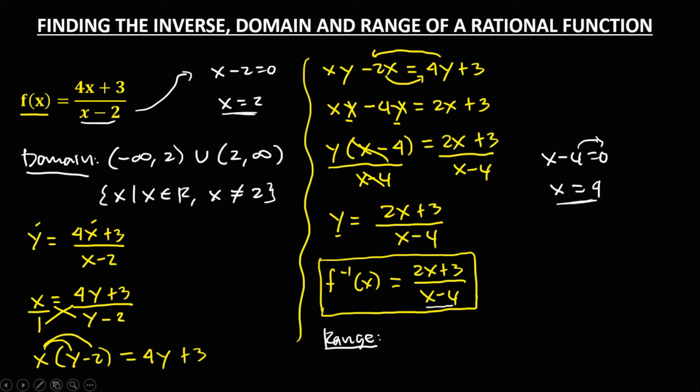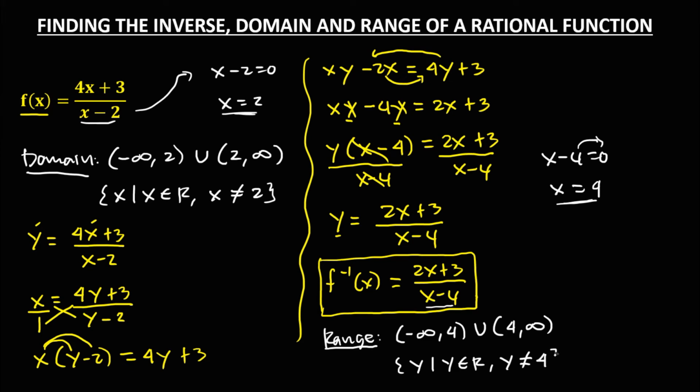If x is equal to 4, this equation becomes undefined. So therefore the range is from negative infinity to positive 4, union positive 4 to positive infinity. Or since this one is a range, we need to change this x to y. So y such that y is an element of the real numbers and y is not equal to positive 4.